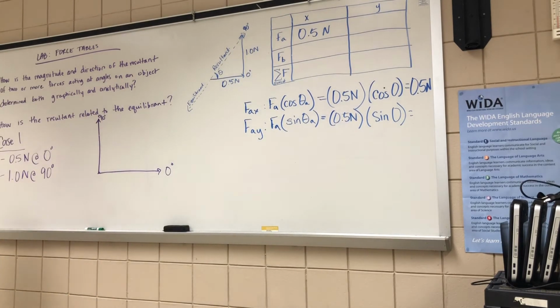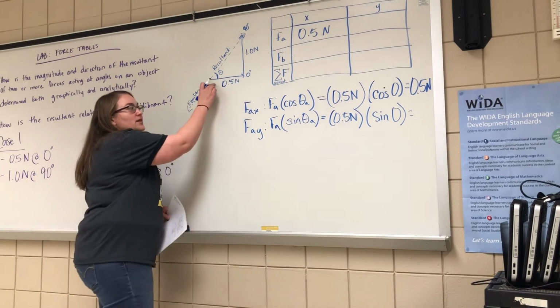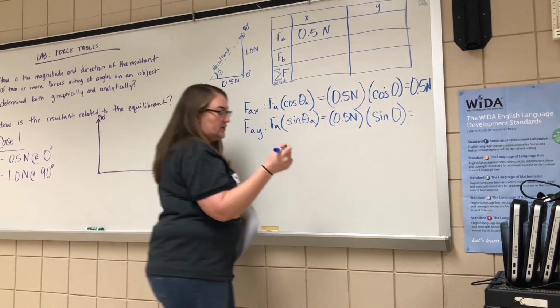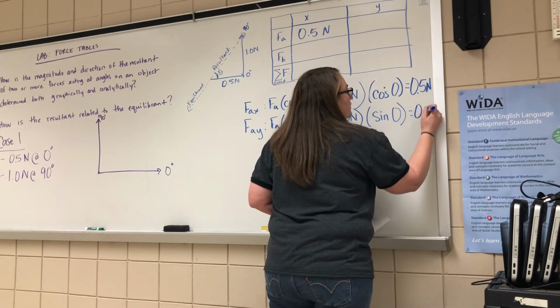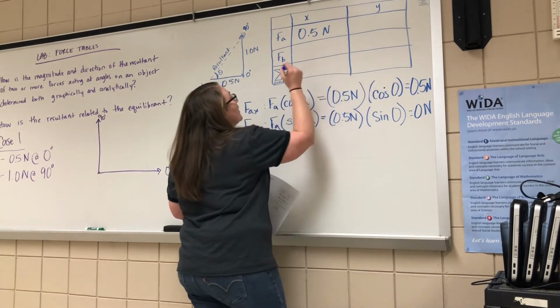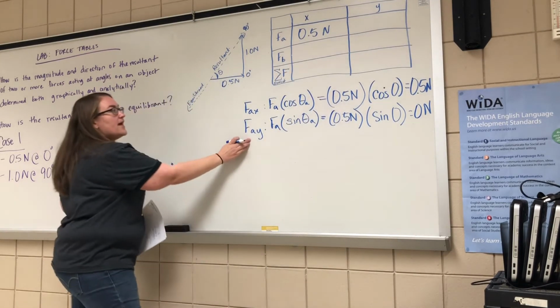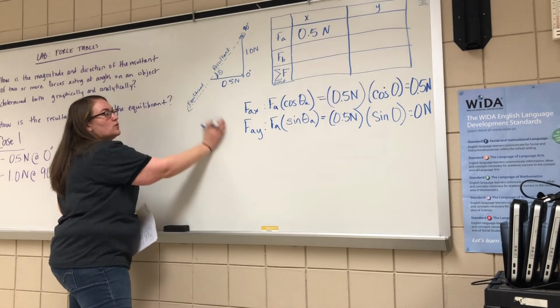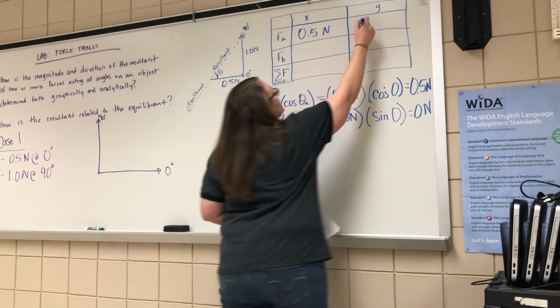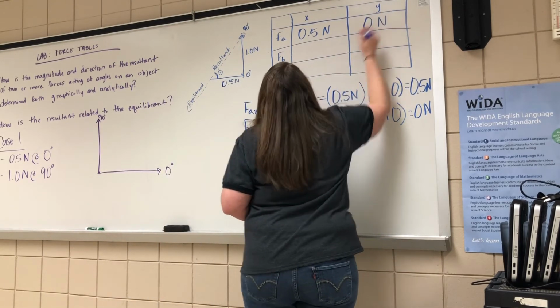For the vertical one, we're using the sine. Tell me what you get. Do we get what we expect to get? Yes. 0. And that's what we expected because we can look at this and see there's no vertical component. All right, so that is the A force, but it's the Y component. So that's going to be a 0 right here.